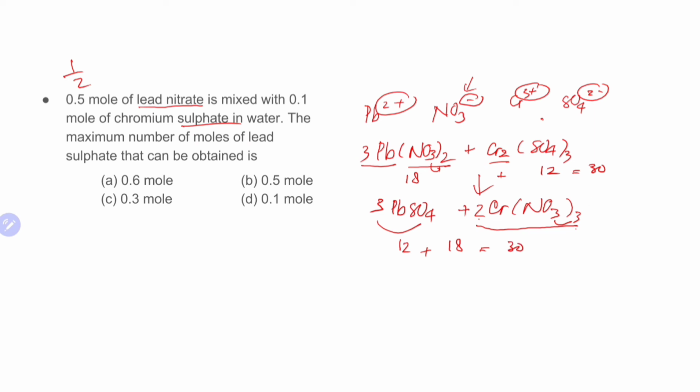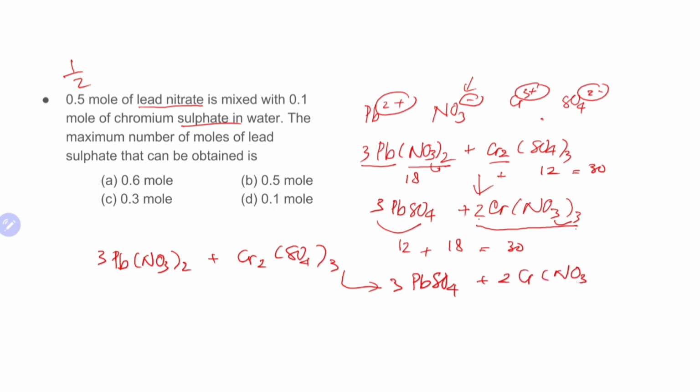If the number of oxygen is the same, then we are confident that this equation is already balanced. So I write once again, the equation is 3Pb(NO3)2 plus Cr2(SO4)3 to be 3PbSO4 plus 2Cr(NO3)3.